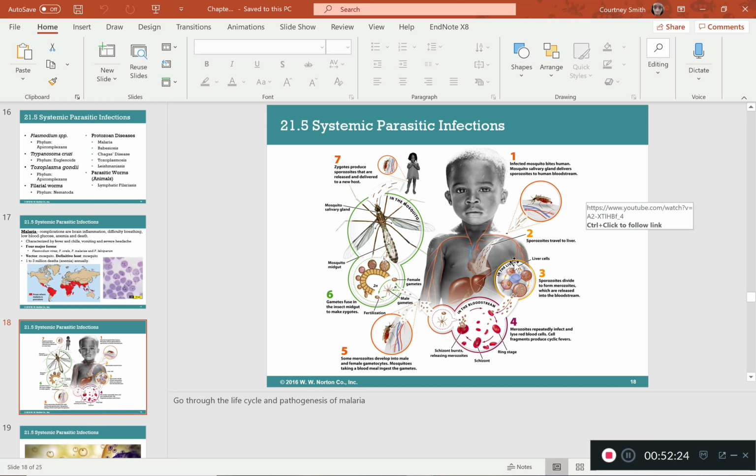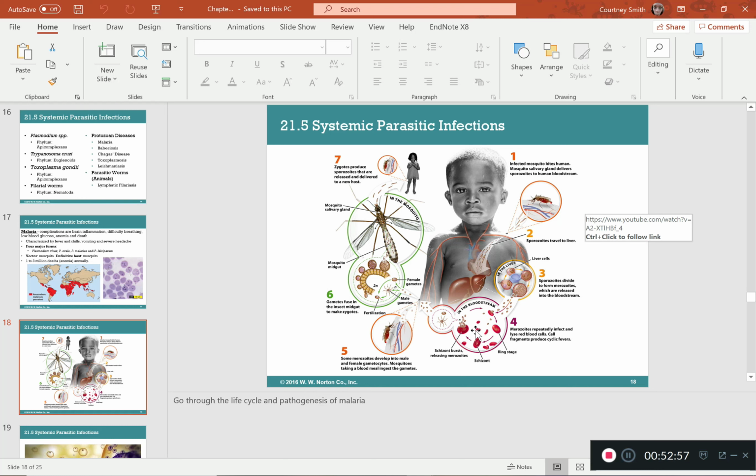After they reproduce inside the liver cell, those liver cells will burst, and then the parasite will enter the bloodstream, and from the bloodstream it will continue reproducing, and at that point a mosquito can bite an infected person and take that up, and the cycle can start all over again with the mosquito. But if it doesn't, it will just continue infecting the person.